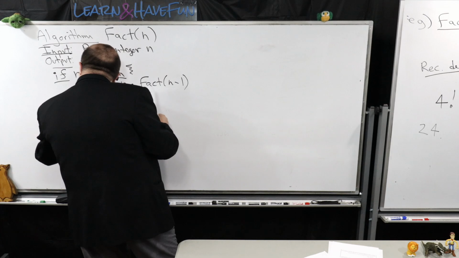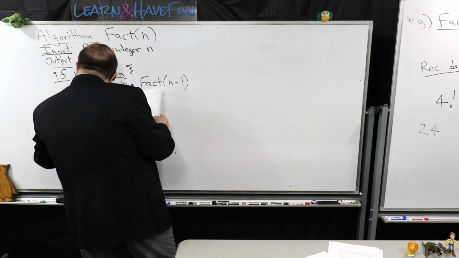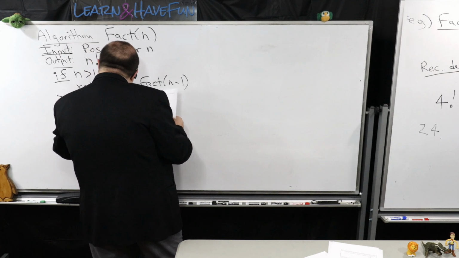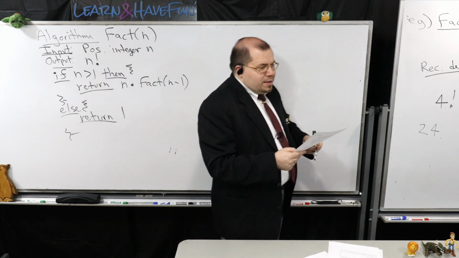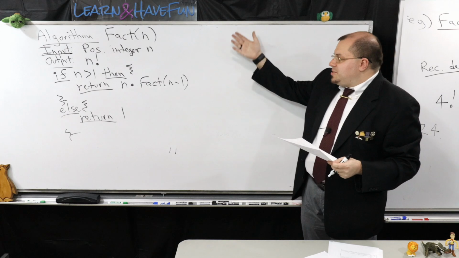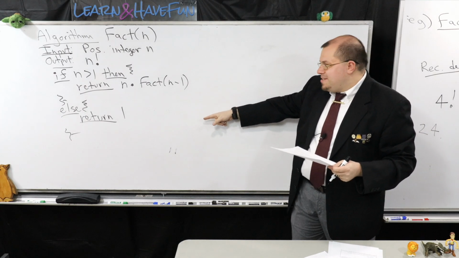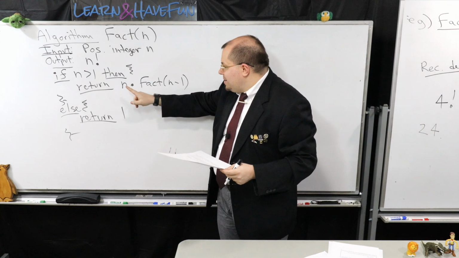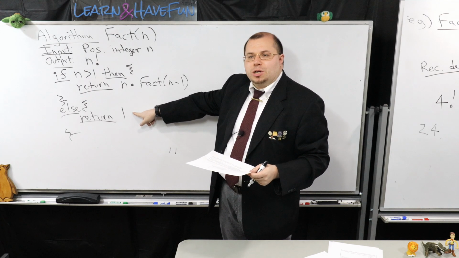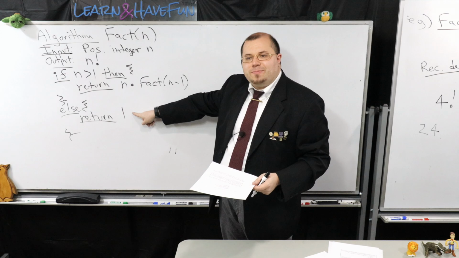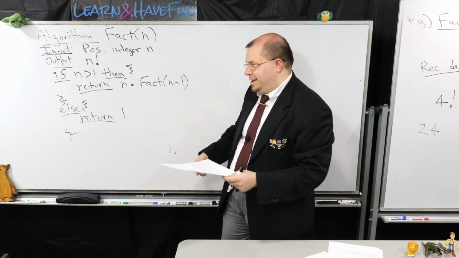Otherwise, I return 1, because I know that 1 factorial is equal to 1. So here's some pseudocode. That's all it is. What would this block of code be representing? Is this the recursive case or the base case? The one I have my finger pointing on. That's the base case.